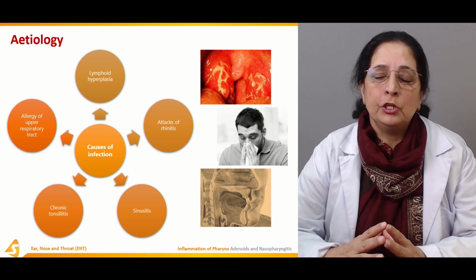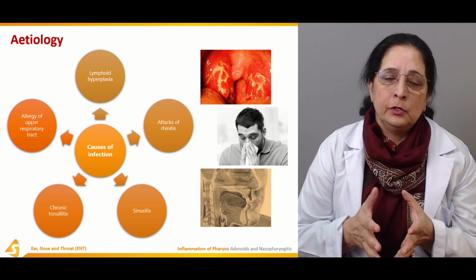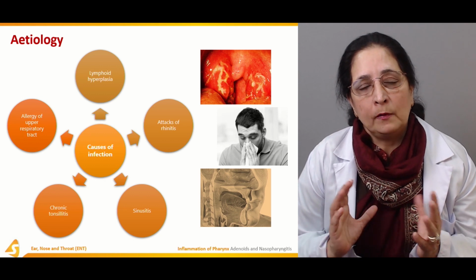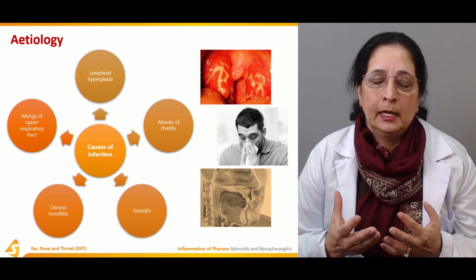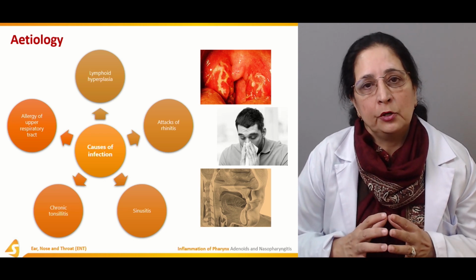And then allergy of the upper respiratory tract. So if you notice all the etiologies, all the factors that involve the surrounding structures of the adenoids can cause infection of the adenoids also.